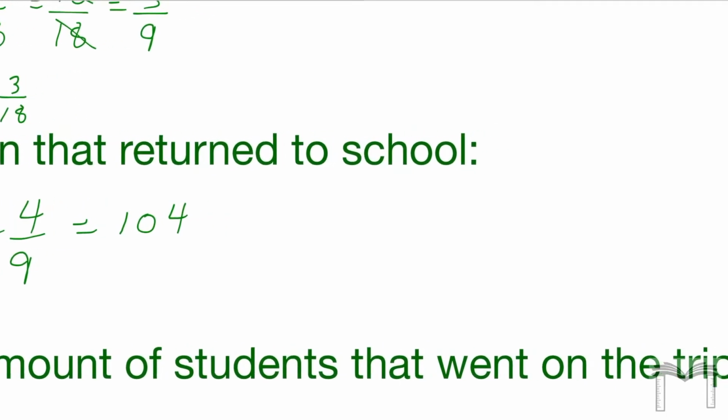So again, reminder, we can find the total when given a fraction is equal to an amount. We can do this by flipping the fraction, so 4/9 becomes 9 over 4, and we multiply it by the amount the fraction is equal to. So 4/9 is equal to 104, so we multiply by 104. 4 into 4, 1, 4 into 10, 2, remainder 2, 4 into 24, 6.